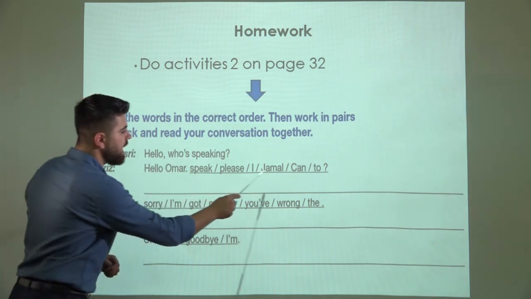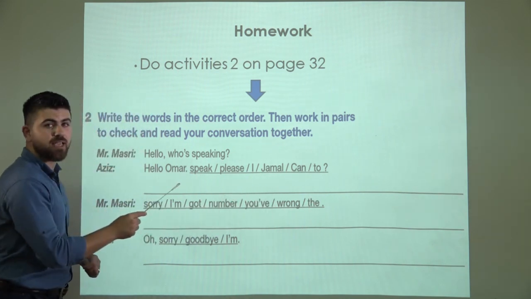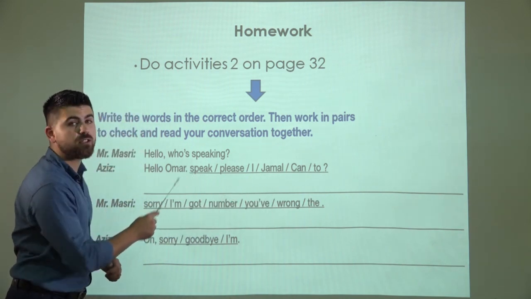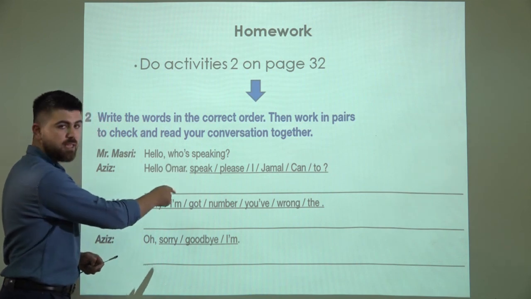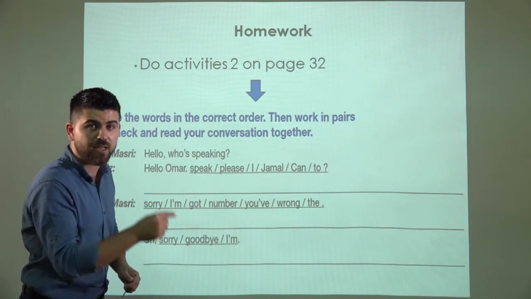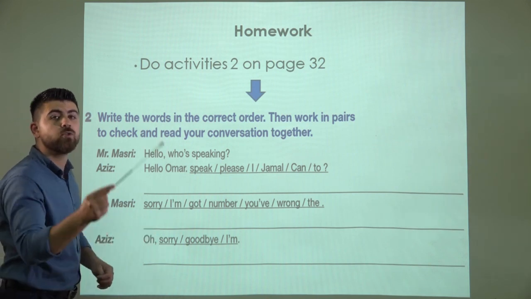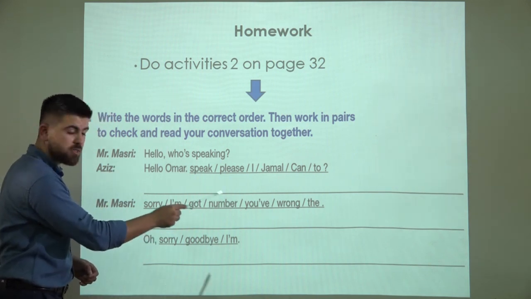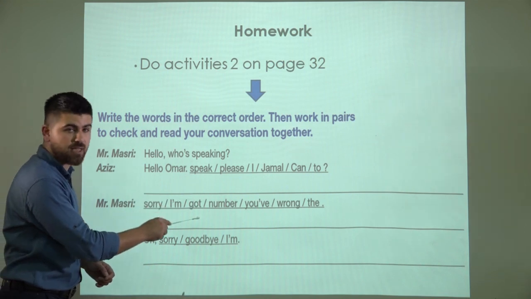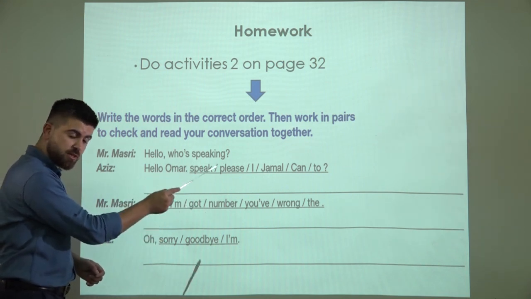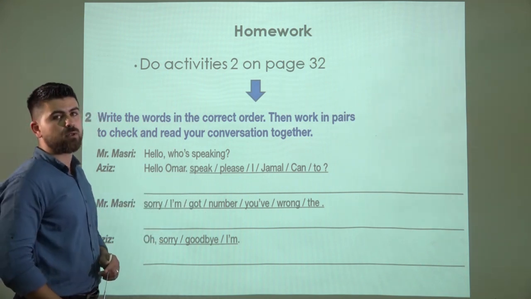Here we have a question, but it's not in the correct order. You have to order these words in order to get a question. Here we have a sentence. You have to order these words in order to get a correct sentence. You need to order the question so it becomes a correct question, and order the sentence so it is a correct sentence.